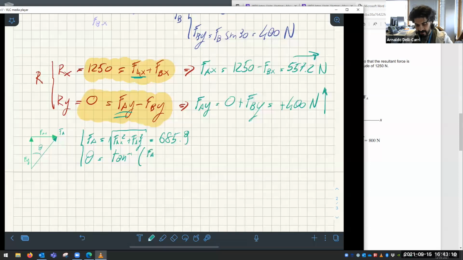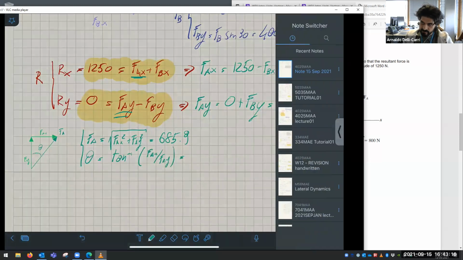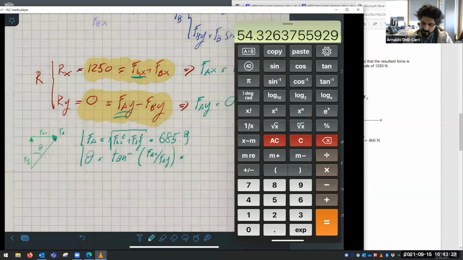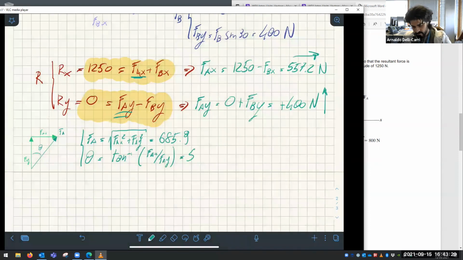Is Fax over Fay. And this gives 557.2 divided by 400. And arctangent of this, make sure this is in degrees. Okay, arctangent is 54.32 degrees. So these are the answers we are looking for.